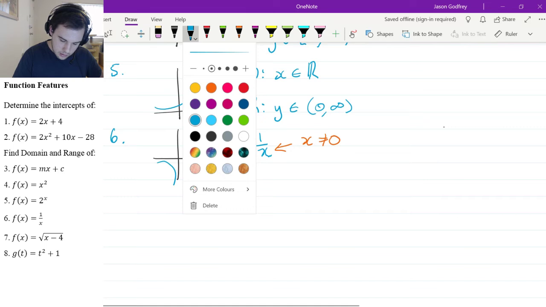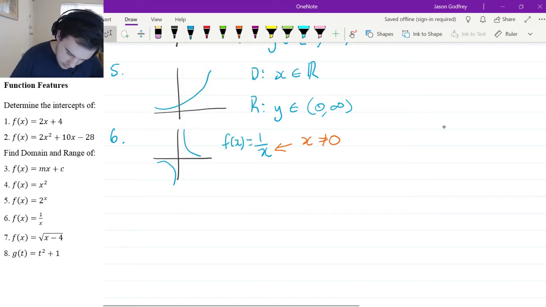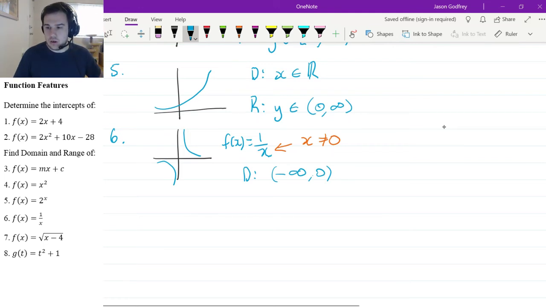So we're going to need a way to write this. So the domain, we can have anything from negative infinity all the way up to 0, but not including 0. And we can also have everything starting from 0, not including 0, all the way up to positive infinity, right?